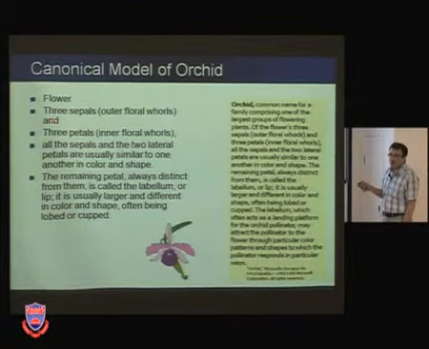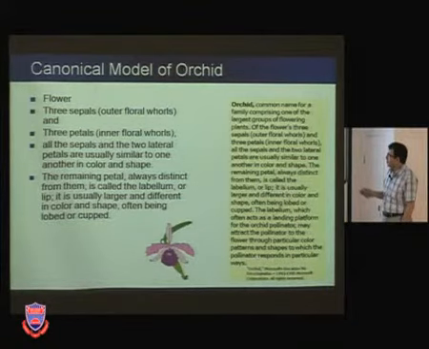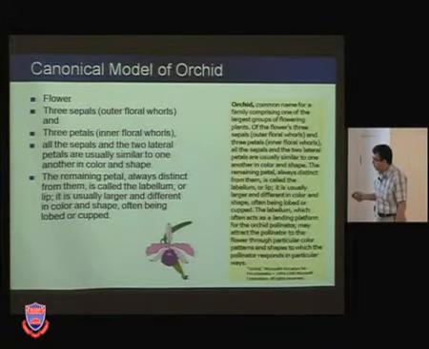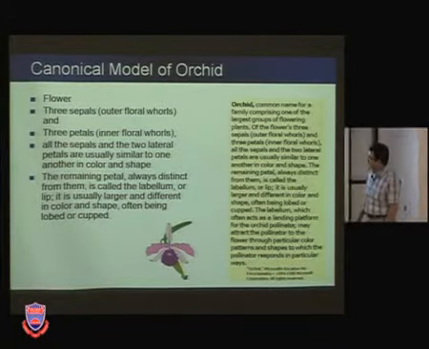But it also says an orchid has 3 sepals, the outer floral walls, and 3 petals, the inner floral walls. All the sepals and the 2 lateral petals are usually similar to one another in color and shape. But the remaining petal is always distinct from them, and is called the labellum or lip. It is usually larger and different in color and shape, often being lobed or cupped.